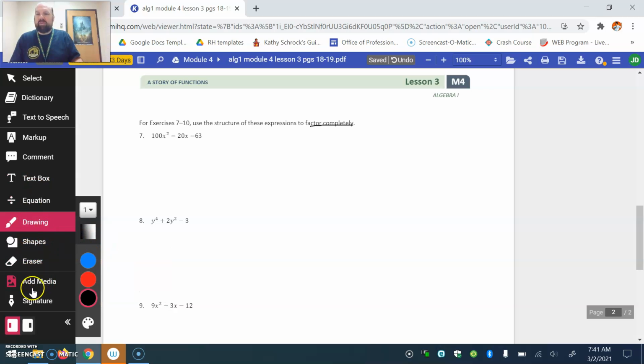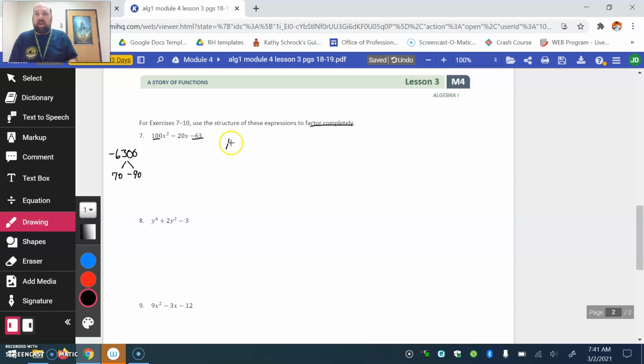All right. So this first one, I'll walk you through. 100, and there's no greatest common factor. So 100 times negative 63 is negative 6,300. And you might be saying, well, how the heck am I going to find the factors for that? It's actually not that bad. It's 70 and negative 90.